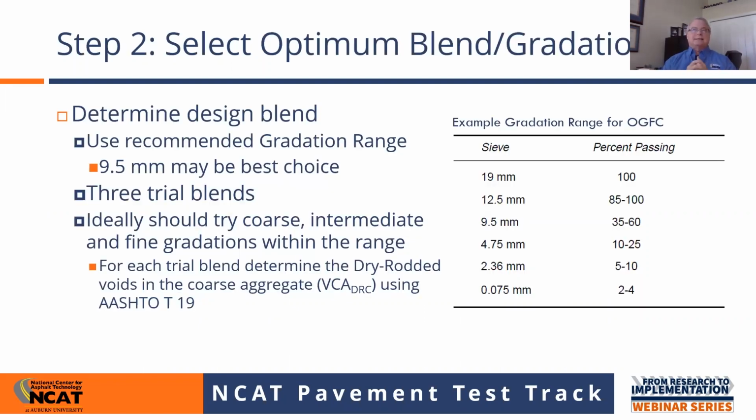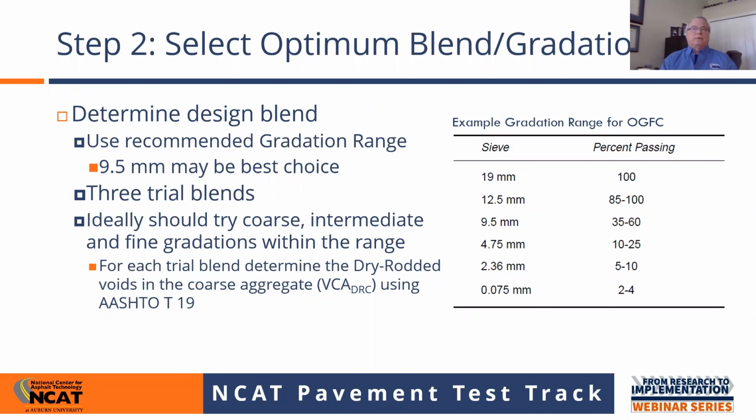So the second step is to come up with a design blend, and depending on whatever specifications you're using, it's going to be an agency call to come up with the appropriate specification and gradation ranges. And as I mentioned before, it may turn out that 9.5 millimeter mixes may be the best choice. That applies whether the contractor or the agency is designing the mix. Ideally, they should do 3 trial blends.